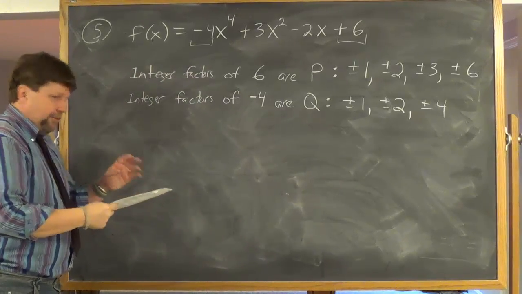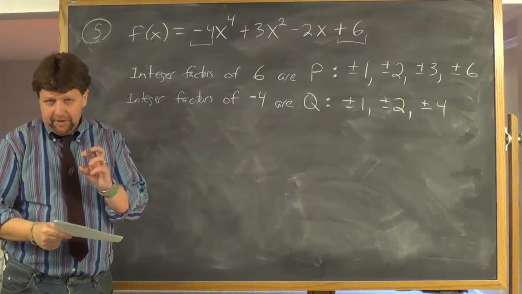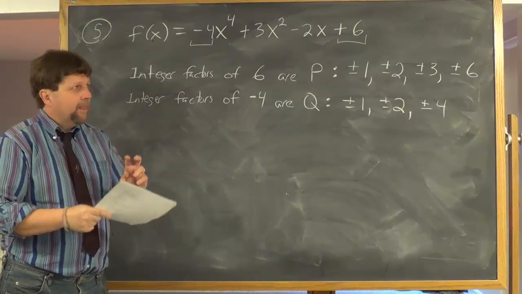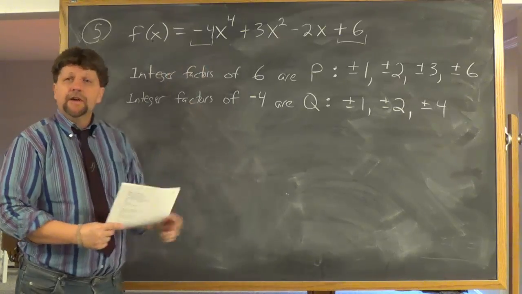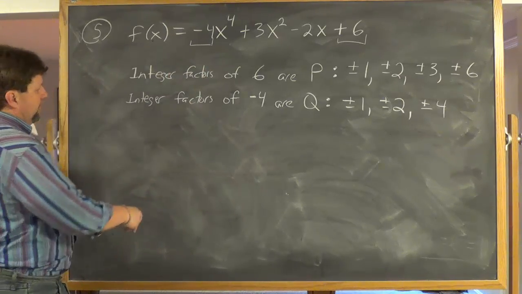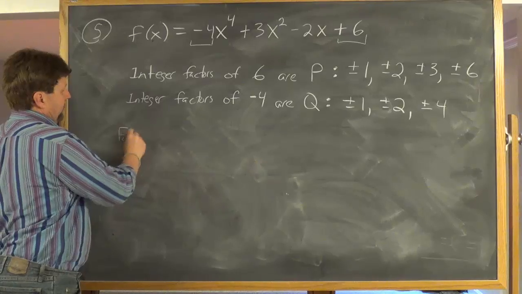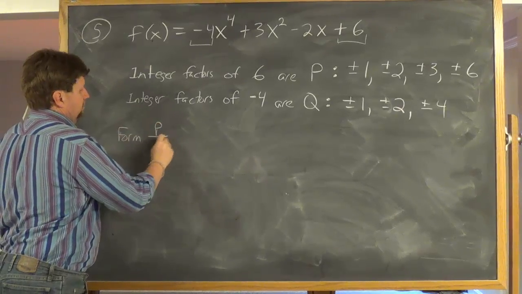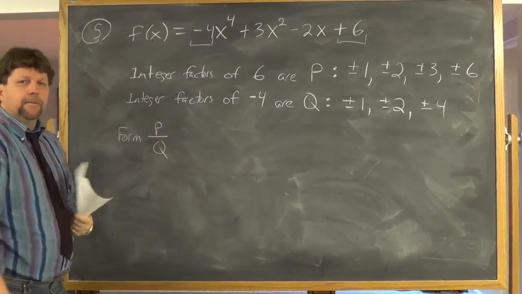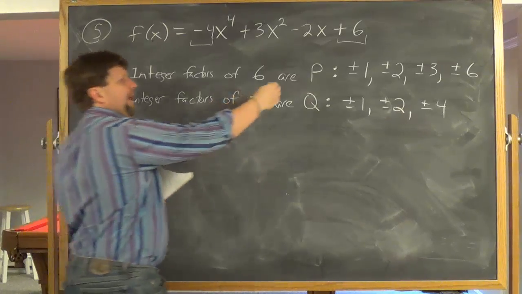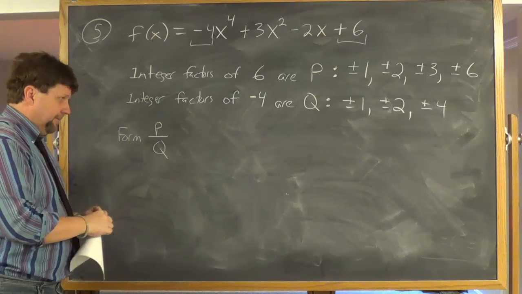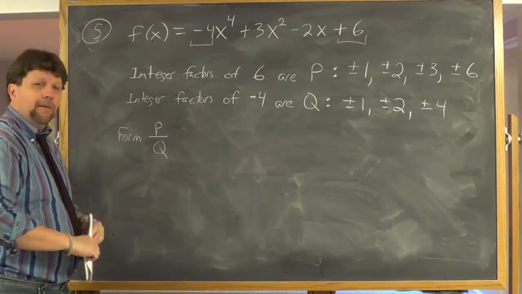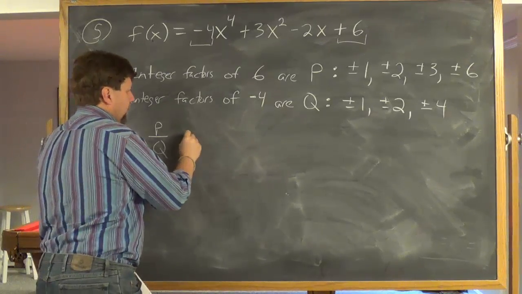And now your rational zeros theorem tells you all possible rational zeros for this function have the form p over q. Since we have all the factors of p and all the factors of q, it's just a matter of writing down all the combinations of p over q.